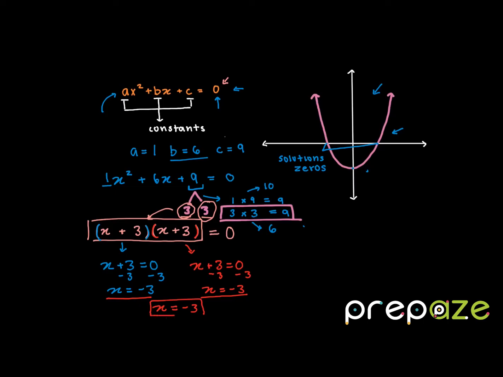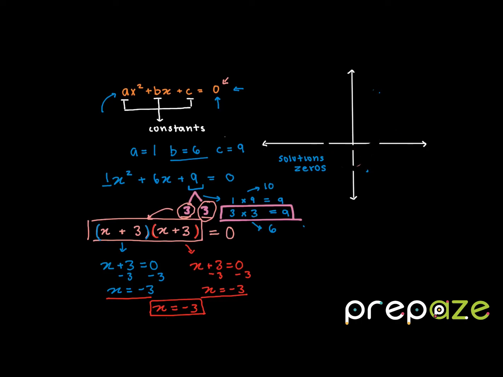So when we look at this graphically, I'm just going to use this same graph over here and draw a separate parabola. We know that our solution is going to be x is equal to negative 3. And again, we also know that when we're looking at a quadratic function's graph, when we're looking at the actual parabola, it's going to be such that the x-intercept of our parabola will represent the solution of that equation.